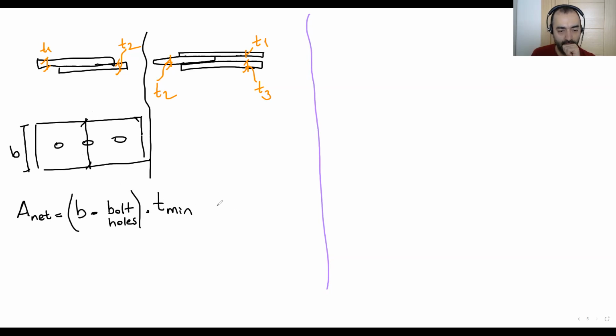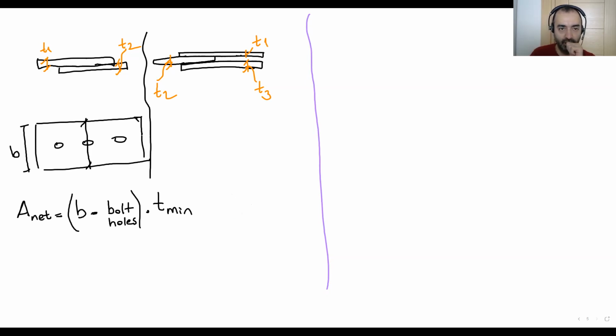This is the total area times sigma allowable steel. By the way, we are talking about the area. This is the A net area.